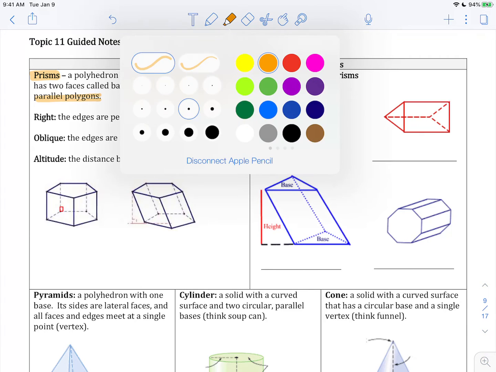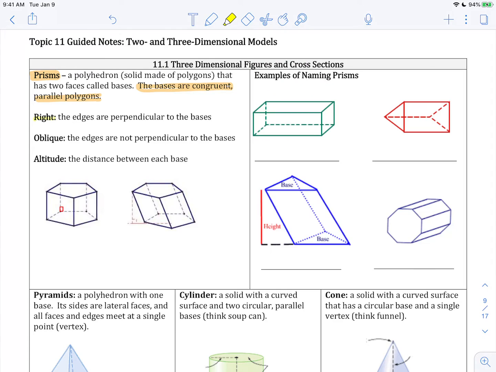We have what are called right prisms. Okay, this is a right prism. The edges are perpendicular to the base. So notice this edge is perpendicular to this base. We have an oblique prism where the edges are not perpendicular to the base.